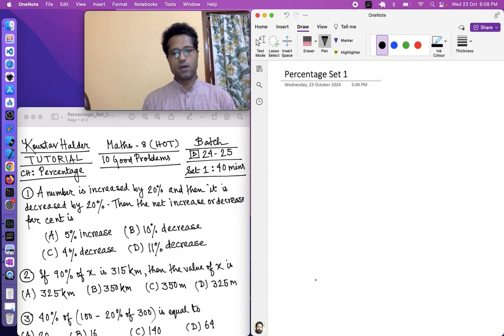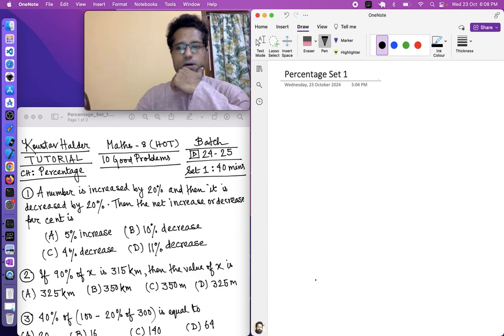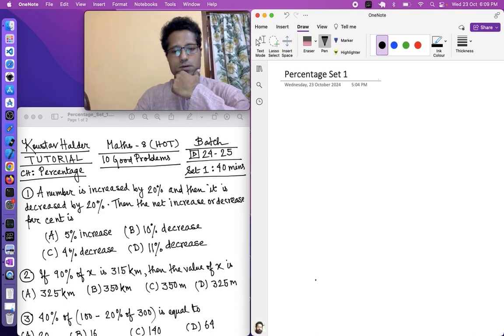HOT stands for High Order Thinking Problem, where I come up with 10 good problems, primarily taken from the NCERT exemplar problems book and from some other competitive examinations. This set of problems will give you good practice and a good judgment of your understanding of the chapter concepts.